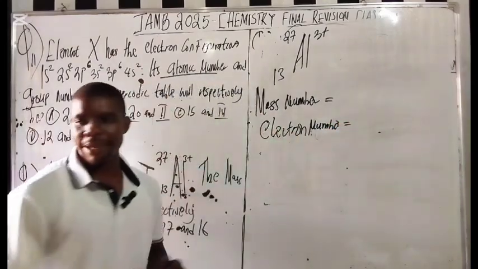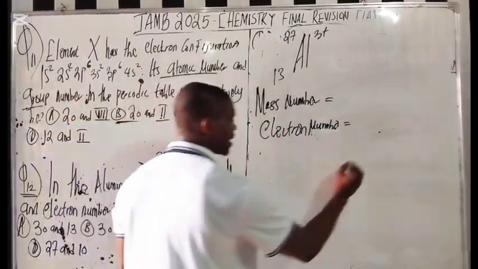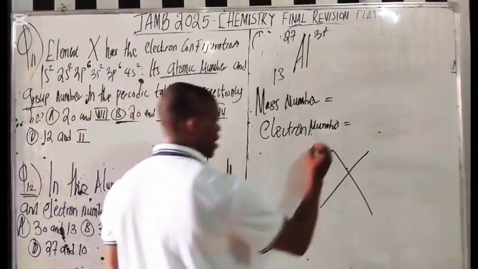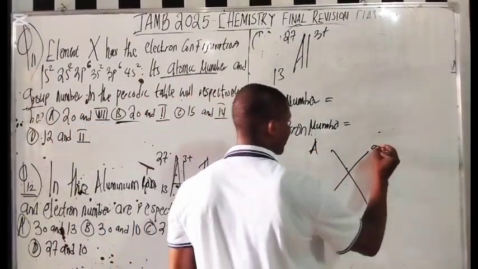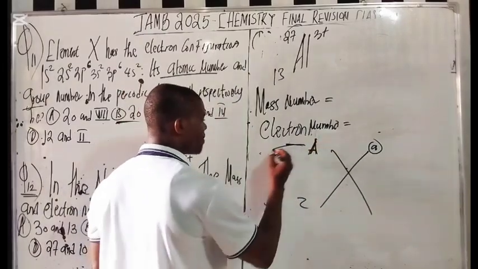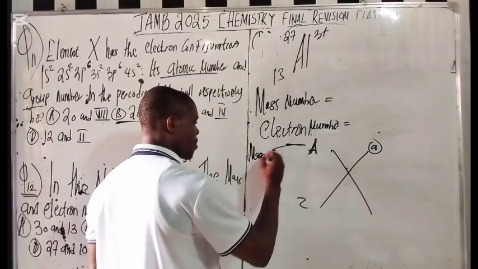It's very easy here. Now let me explain to you. Now here we have X. Here we have A, here we have Z, and here we have this A here, right? This capital letter A is my mass number.